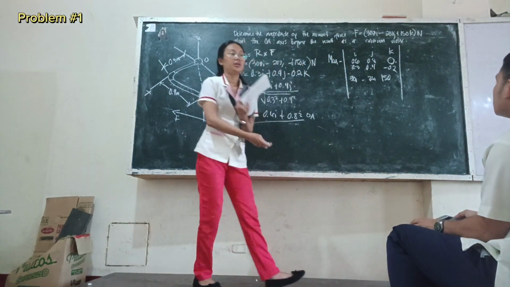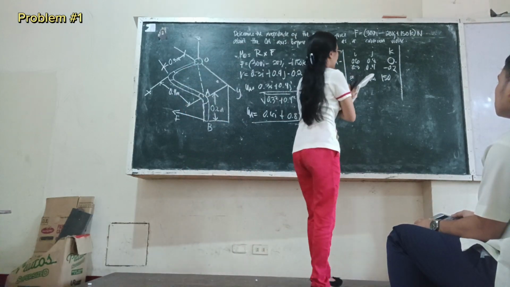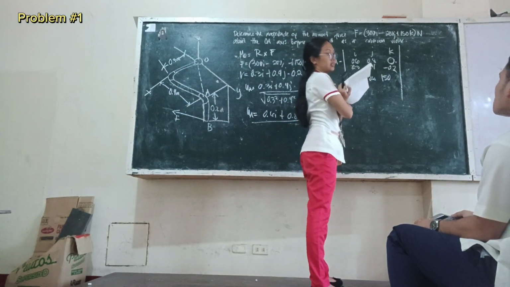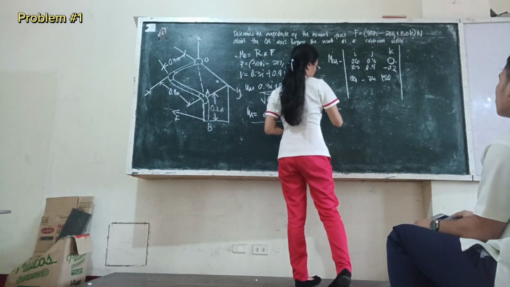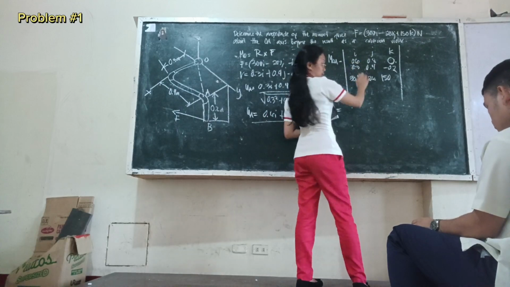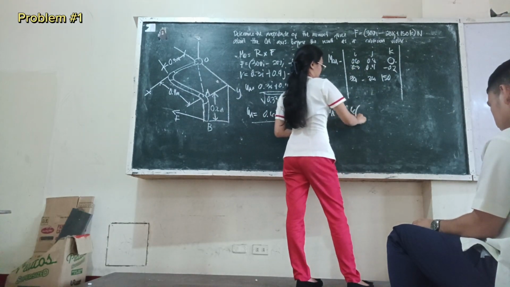So we will perform the cross product. So at first, we start with i. So it is equal to Mo. k is equal to 0.6. So the vector has 0.6 outside.